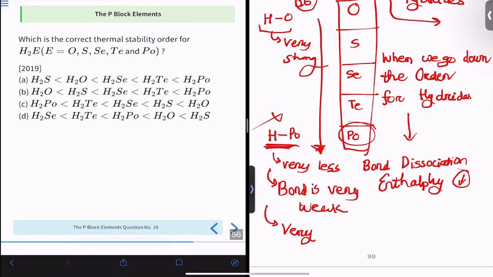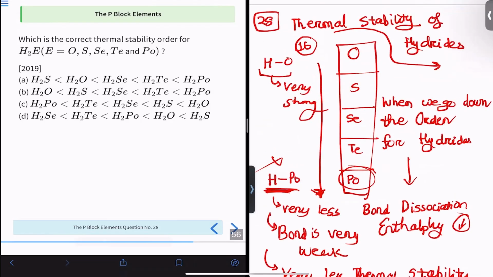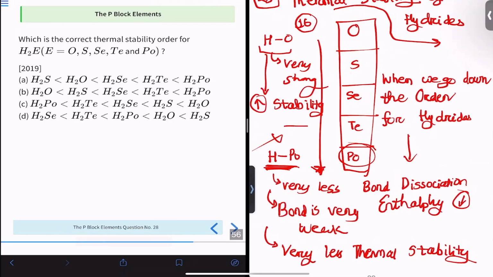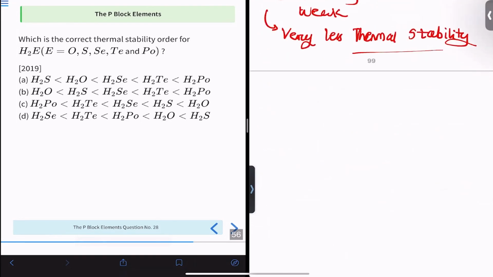Whereas the H-O bond is very strong, so it will have very high stability. So we can also say that as we go down the order, for the hydrides, the thermal stability decreases.